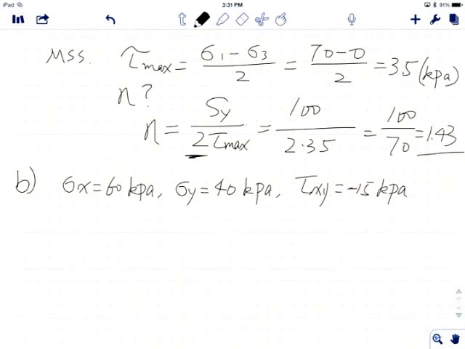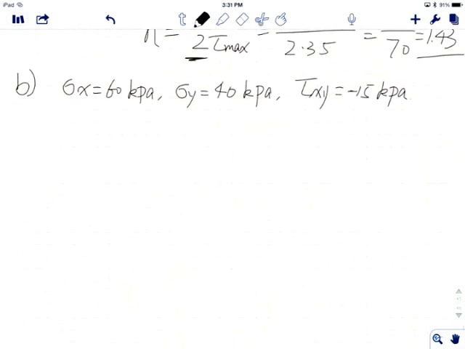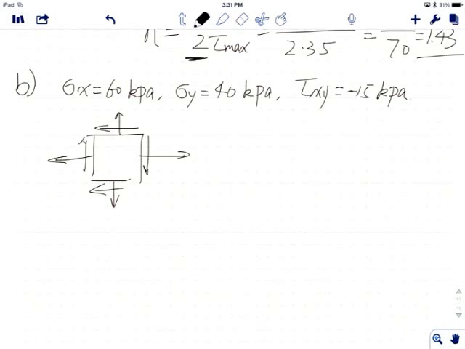All right, so you not only have tensile, you also have a shear stress. So in other words, in this case, you have all of these, right? Now this is a little confusing.